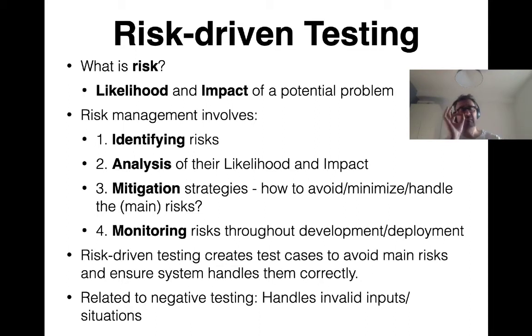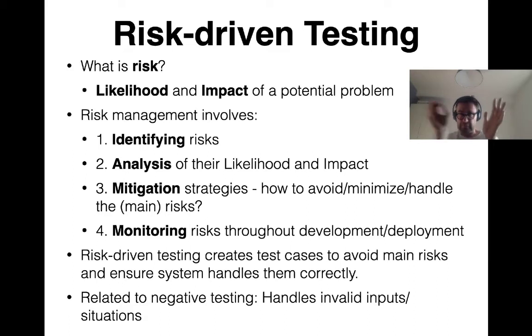And often this is done very coarsely, like low, medium, high, or some kind of percentage. So how likely is it? How probable is it? The likelihood. The impact is also done on a coarse scale, like low impact, middle impact, or high impact. So how severe would the effect be on the use of the system, on the surrounding things that the system can affect? What will be the impact if this problem happens?